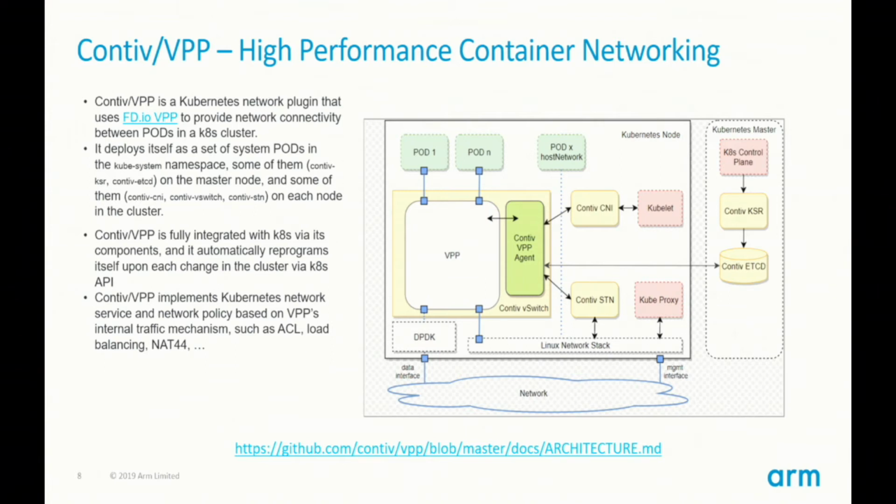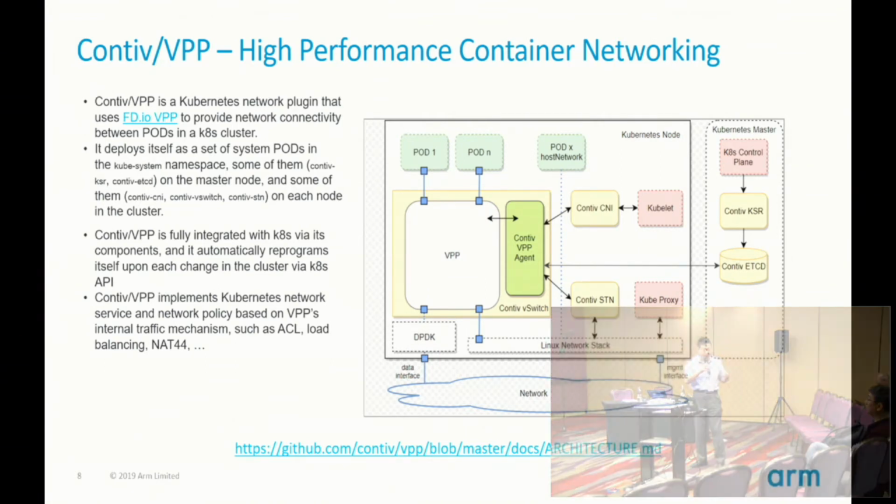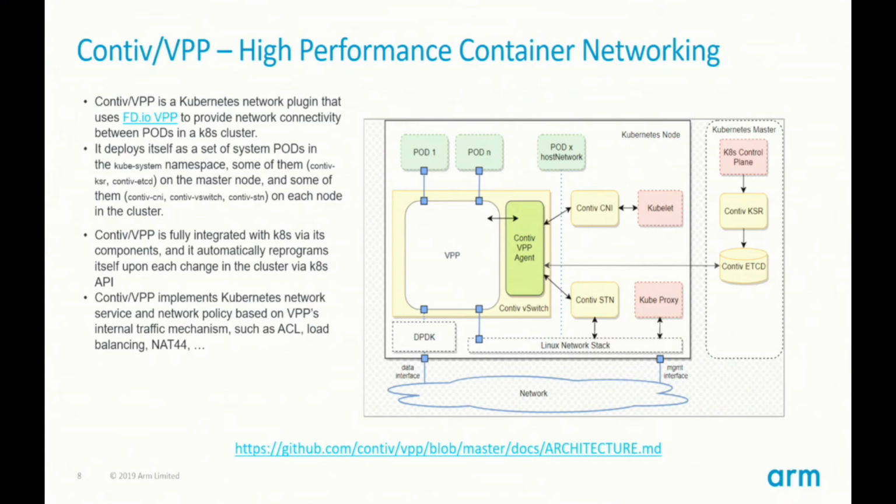The Contiv CNI is used to get the configuration information from Kubernetes. Contiv VPP can support network policy using VPP's internal mechanisms, such as ACL, load balancing, and NAT44. And Contiv VPP uses DPDK as the main networking interface to communicate between pods across hosts.